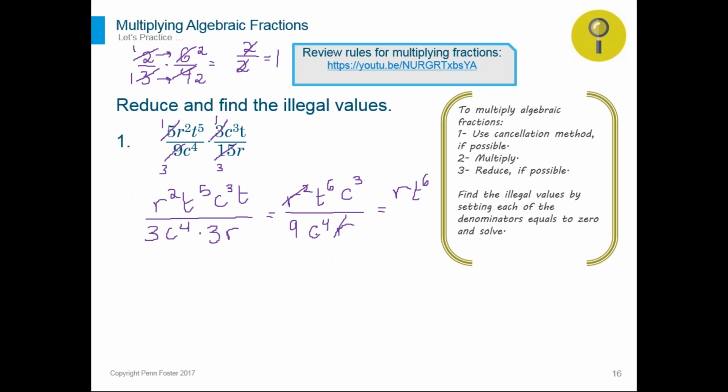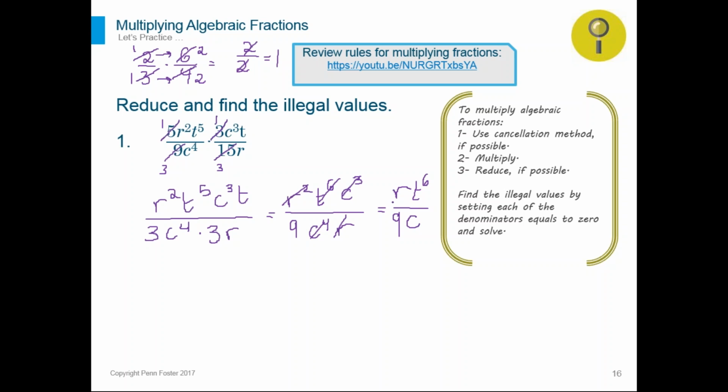C to the 3rd and c to the 4th, then I have to subtract the exponents. 3 minus 4 is negative 1. So c to the 1st will stay in the denominator. So we're done with the c's, I'm done with the t. Now I have the 9 there. So r t to the 6th over 9c is the reduced form.